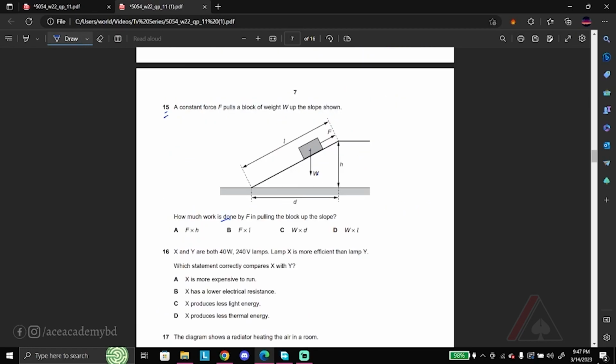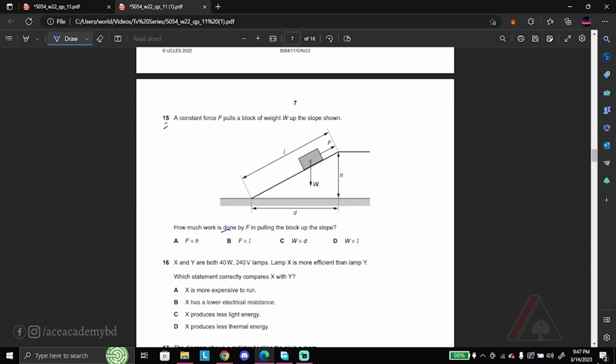So A is the only correct answer. Let's move on to question number 15. Question number 15 says a constant force F pulls a block of weight W up the slope shown. A bunch of different symbols appear in the diagram. The question asks how much work is done by F in pulling the block up the slope.